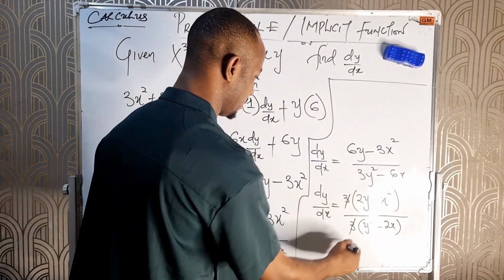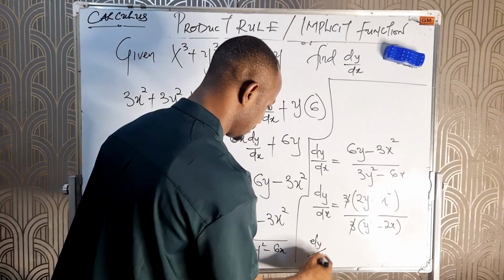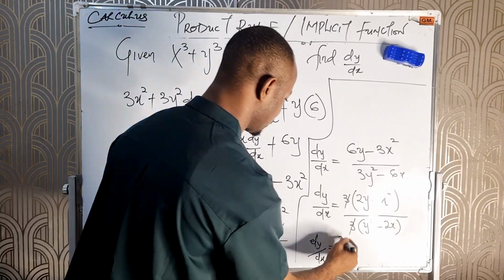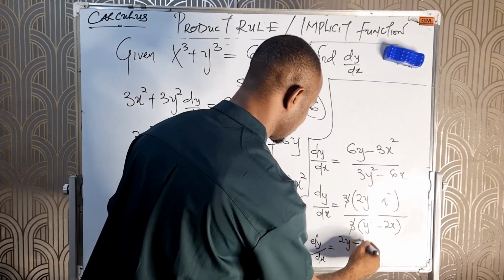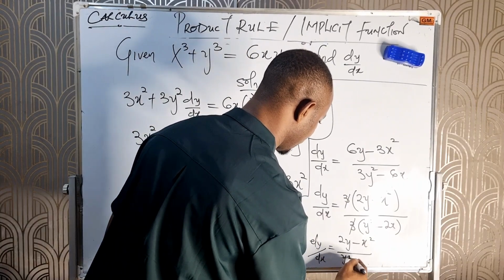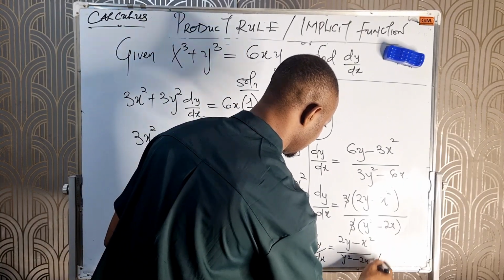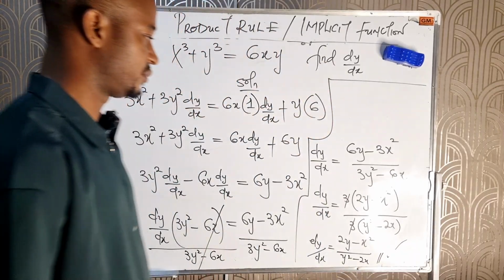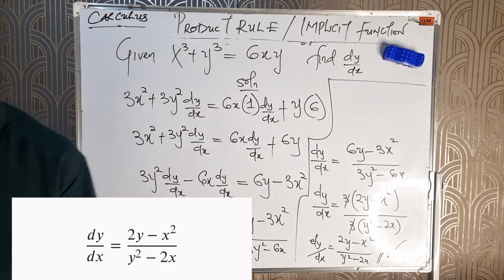So 3 cancels with 3, and dy/dx becomes 2y minus x² divided by y² minus 2x. This is our final answer, so put this down as a final answer.